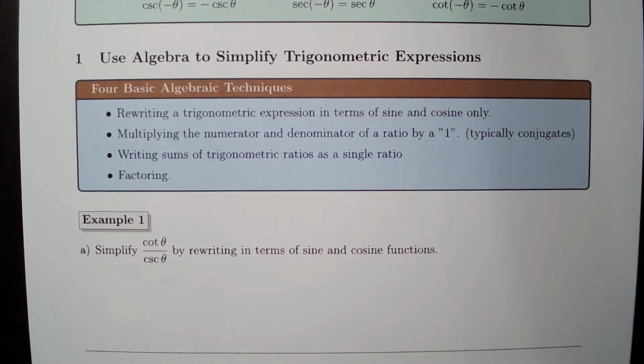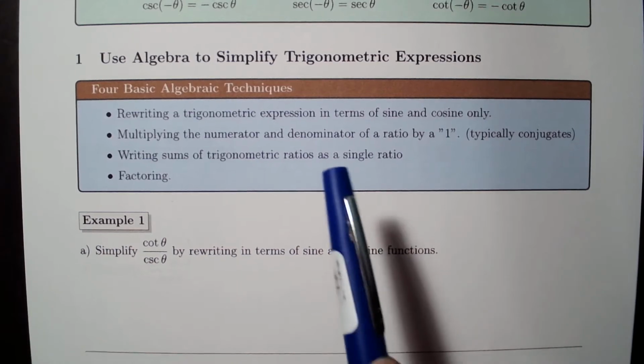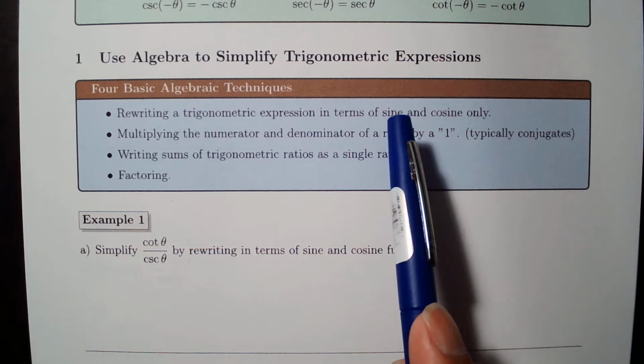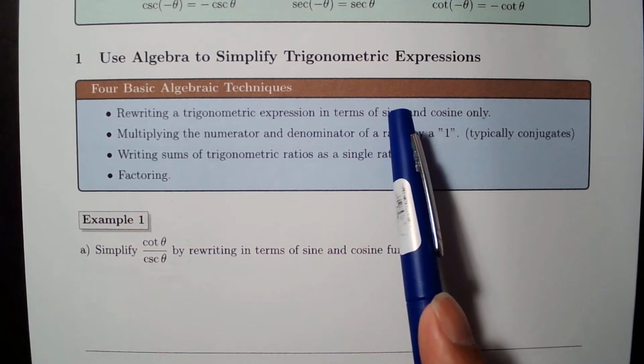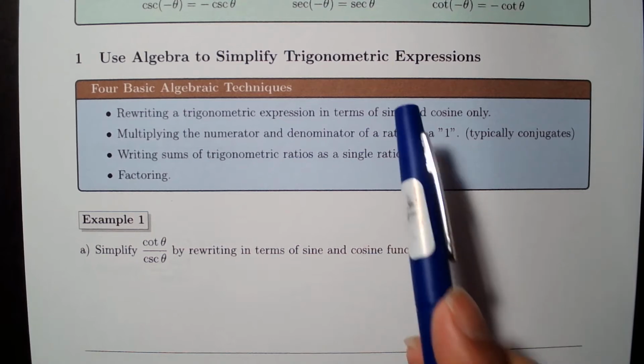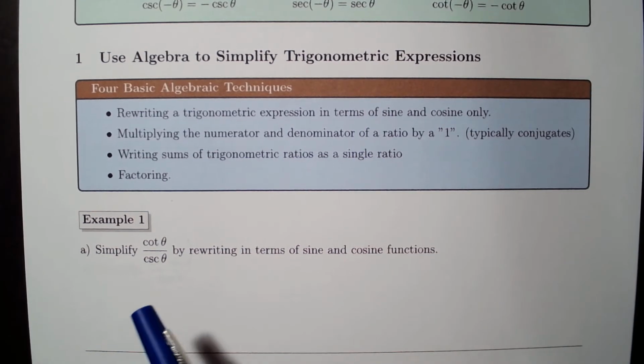That is typically always a good first move for these simplifications. It is usually done when we have expressions that depend on tangent, cotangent, secant, and cosecant. Not always, but most of the time it comes in handy.